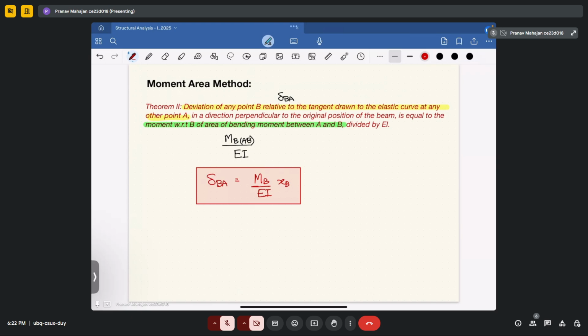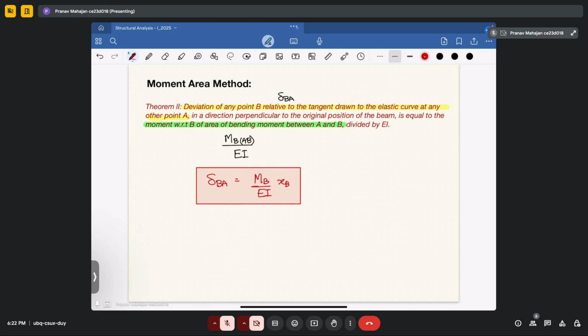And when you have to determine the deflection of that point, you will take the area moment of that area between sections A and B, and then divide it by EI.